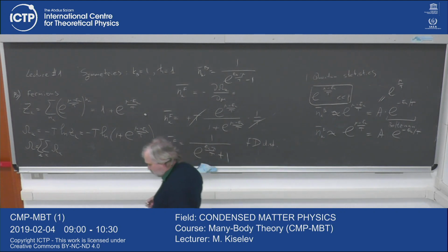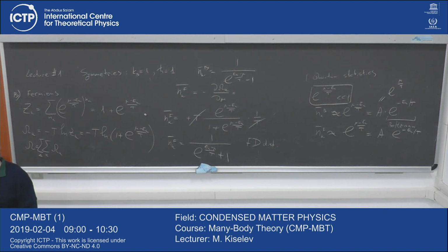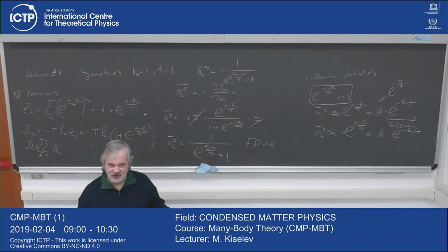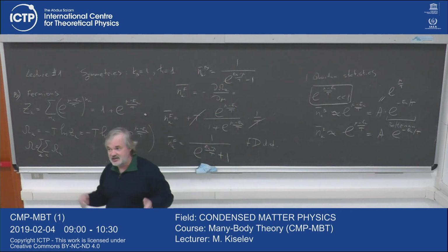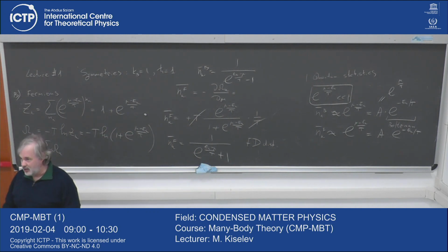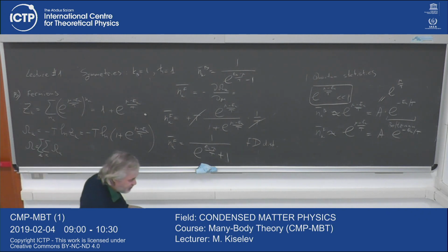But from the equation of state, you can extract the so-called statistical pressure, which for fermions will be an indication of the Pauli principle. The correction to the classical equation of state, which is the Mendeleev-Clapeyron equation, will have a different sign. And this different sign is because you have minus and plus here. And these two quantum statistics are different because, as I said, in one case you have the Pauli principle, in another case you don't, and all this is deeply related to symmetry properties of the wave function.